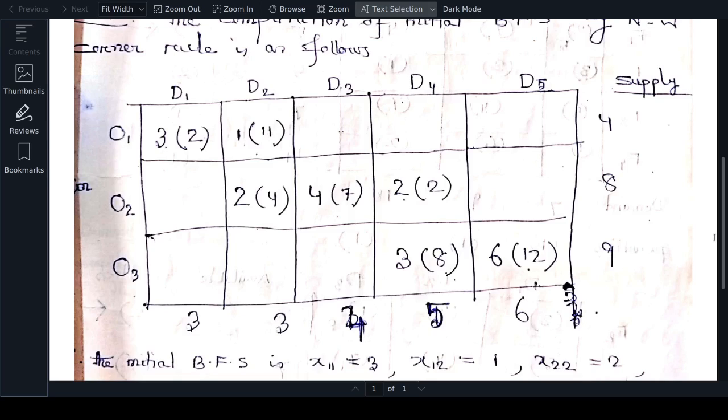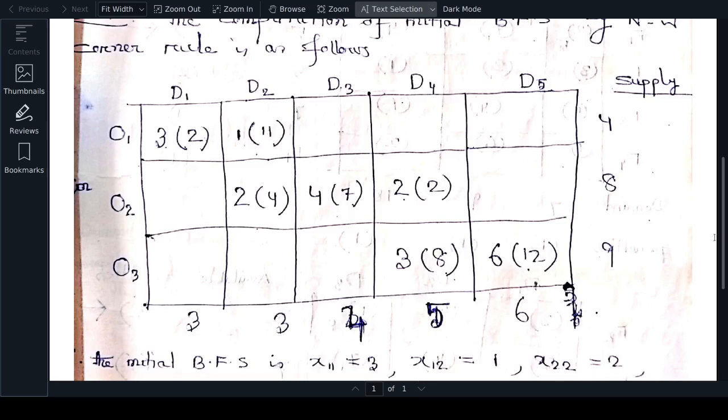So you see, in the first row, in cell number 1 1, we give allocation 3, then some quantity remains in row 1, then we move to the right hand side of this cell. The right hand side of this cell is what? Cell number 1 comma 2, where the cost is 11.